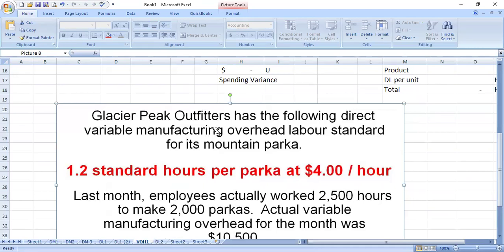For the variable overhead, the driver that drives the overhead is the direct labor. So for every direct labor hour, we're going to charge some variable overhead. Our standard is for every unit, we're spending 1.2 standard hours per parka, and our variable overhead rate is $4 per hour.